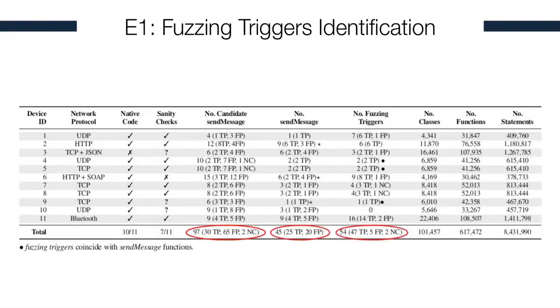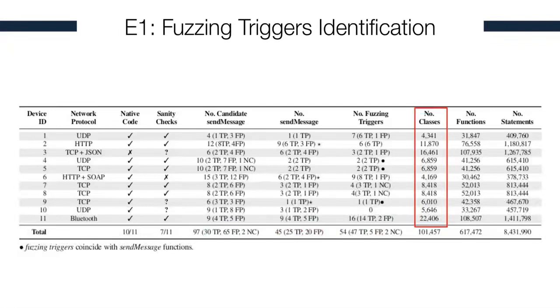One thing to note here is that in all our techniques, we have no false negatives. Although we have false positives, that is fine, because we may just spend more time fuzzing these useless functions, whereas since we do not have false negatives, we never miss a possible send message function or a possible fuzzing trigger. And even when identifying fuzzing triggers, we had very few false positives, almost 10%.